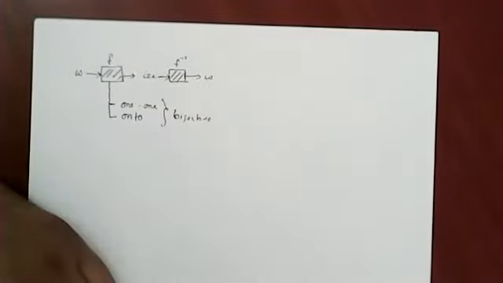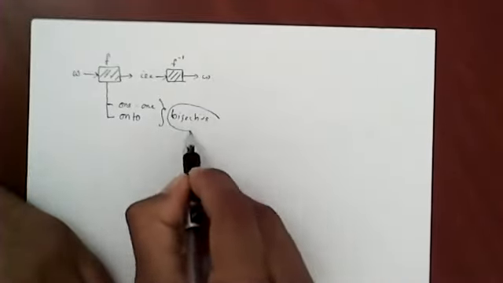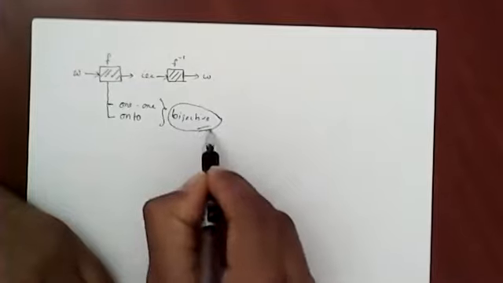So this is the only condition to have the inverse of a function. The inverse of a function will exist only when the function is bijective. This is very important.